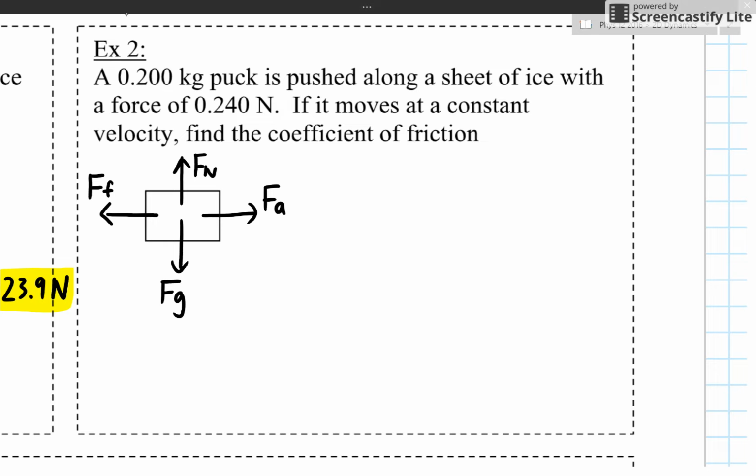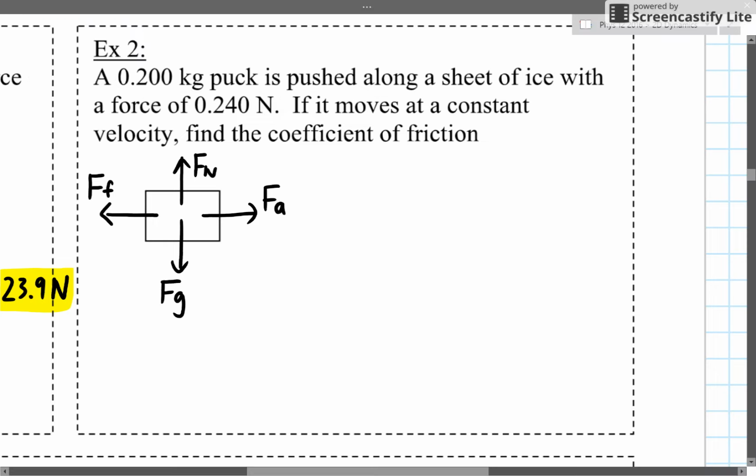Okay, so procedures, right? Almost the same. We start with the y direction. We get gravity first, which equals mg. And in this case, mass is 0.2, so we can get that quite easily. It's going to be about 1.96 Newton.